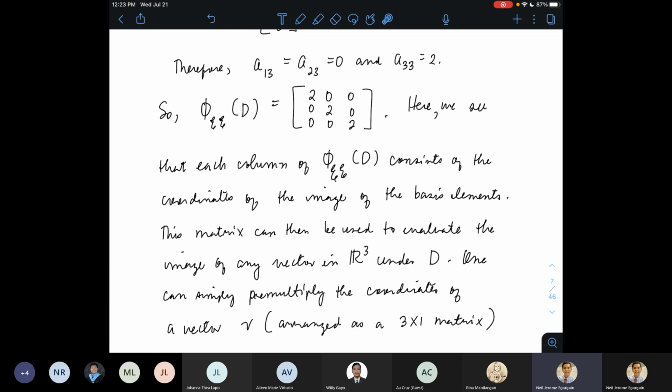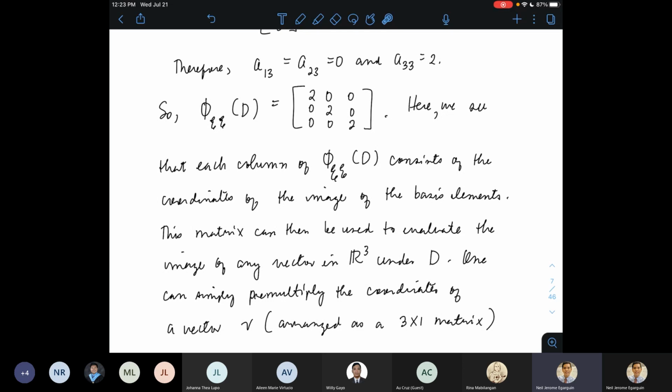But before going to the next example, let's see how we can use the matrix representation in order to get the image of an element of the domain under the transformation D using the matrix.